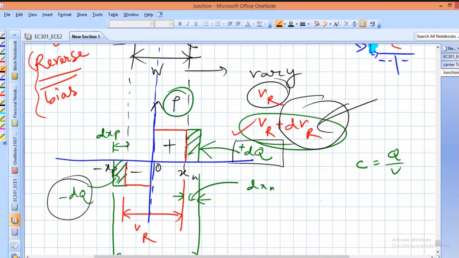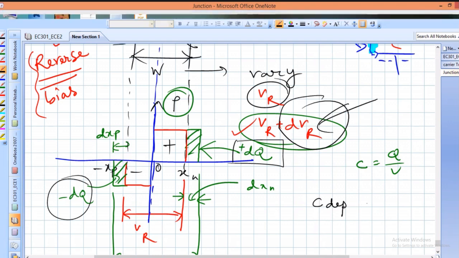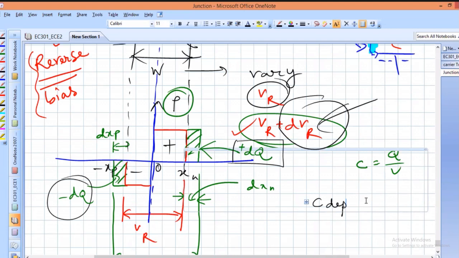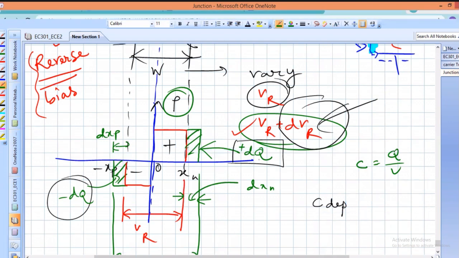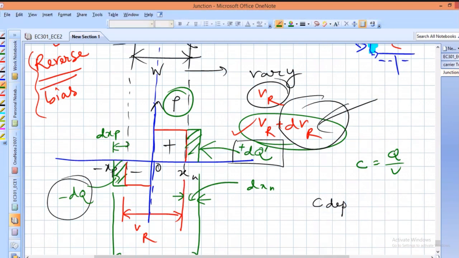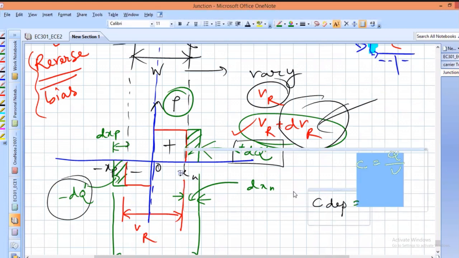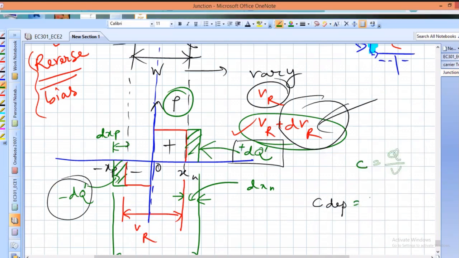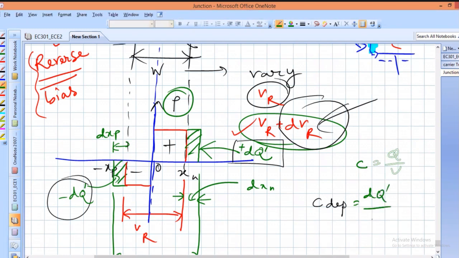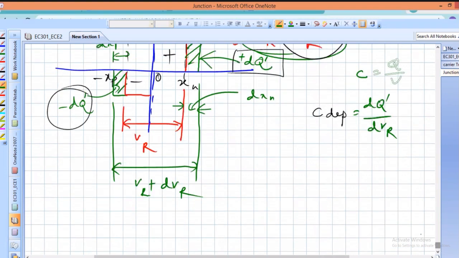So I can modify this capacitance equation: C depletion is equal to dq dash by dv. I'm just modifying my equation here. Otherwise, previously some charges are there. This dv is the amount of reverse bias voltage we change. Better I should write dv.